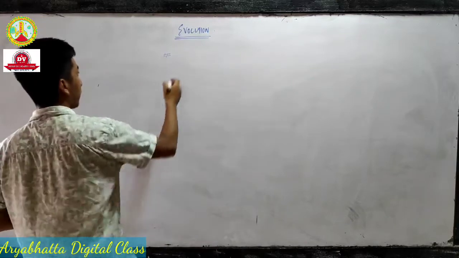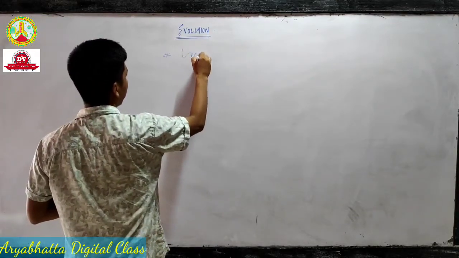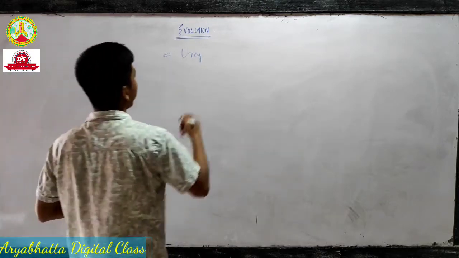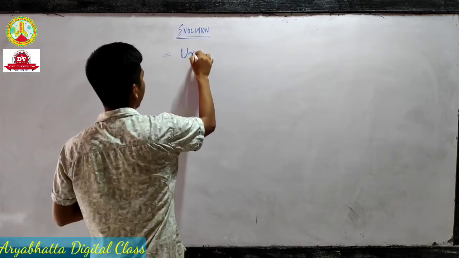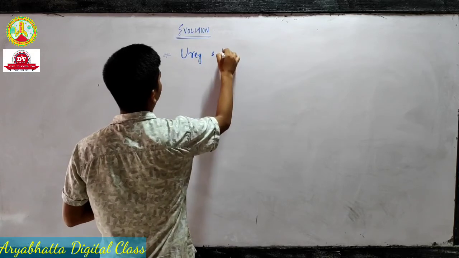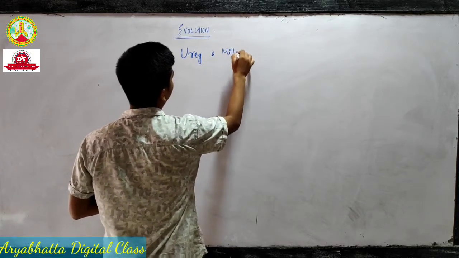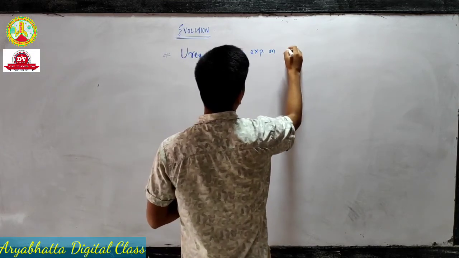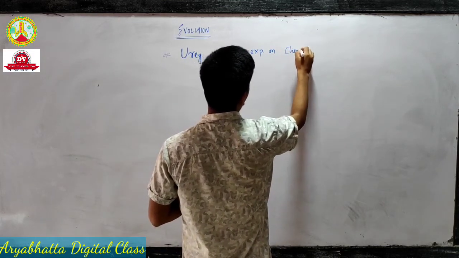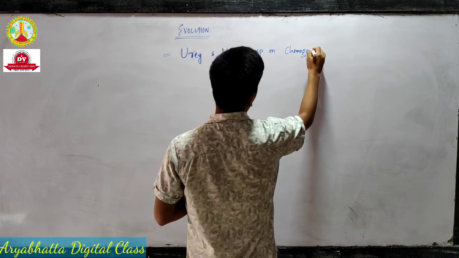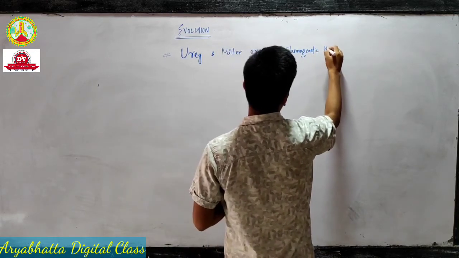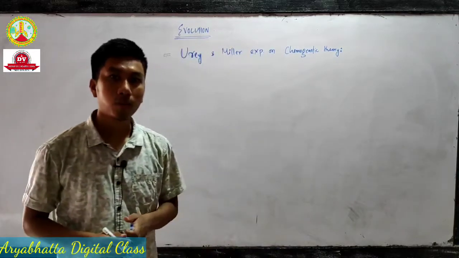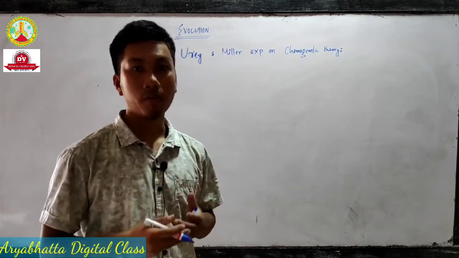So today we will discuss the Urey and Miller experiment on chemogenetic theory, which is also known as the modern theory of evolution.